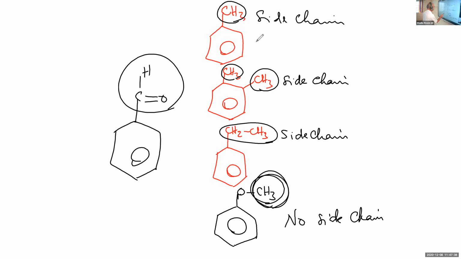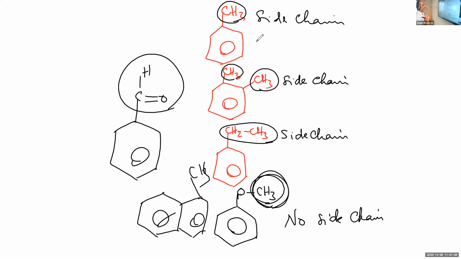So, for example, naphthalene. We take naphthalene, say CH3. Here also, the CH3 group is directly linked. Whatever it is, that is methyl naphthalene. The methyl group is directly linked to the aromatic nucleus. So, the owner for side chain is lying in the bonding between the side chain carbon and the nucleus.